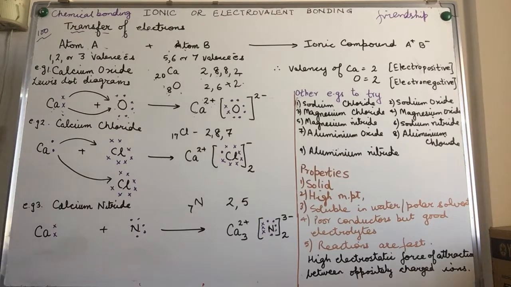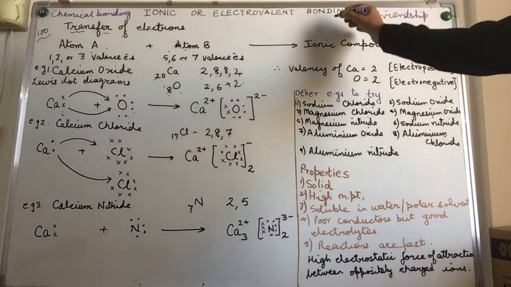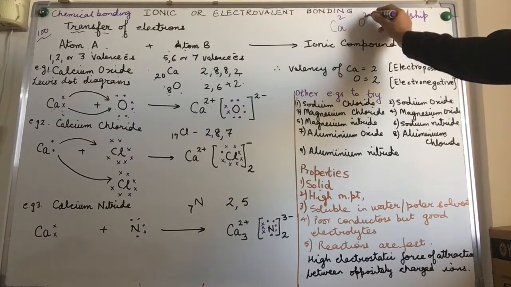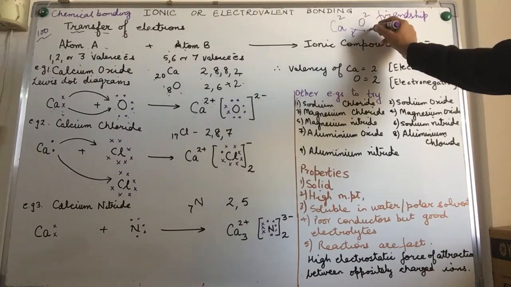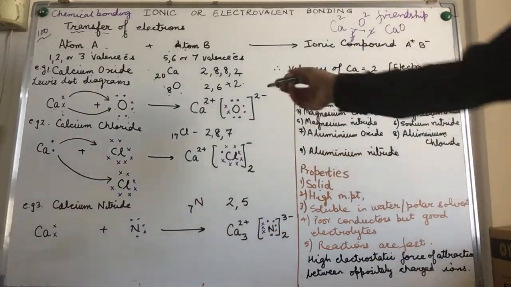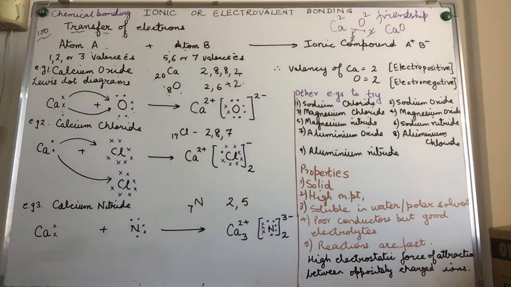Now if you recall the symbols and the valencies, how do we write the formula for calcium oxide? Calcium valency 2, oxide valency 2, and we have the formula for calcium oxide as CaO. This transfer of electrons clearly explains the formula of calcium oxide as CaO.